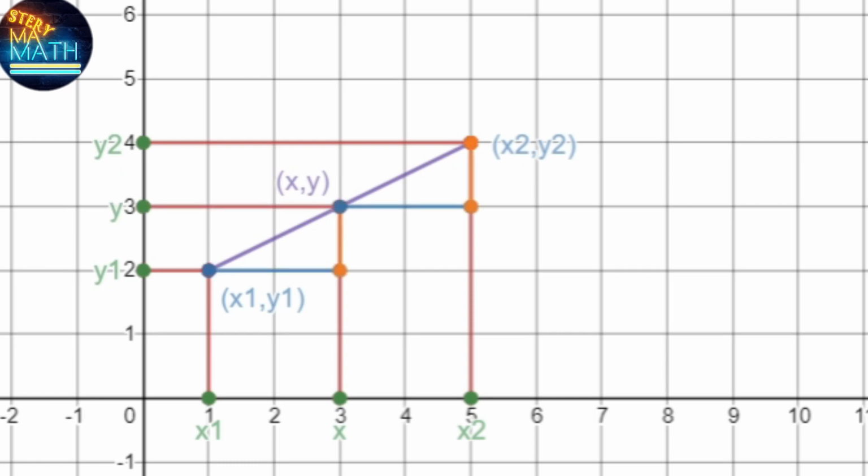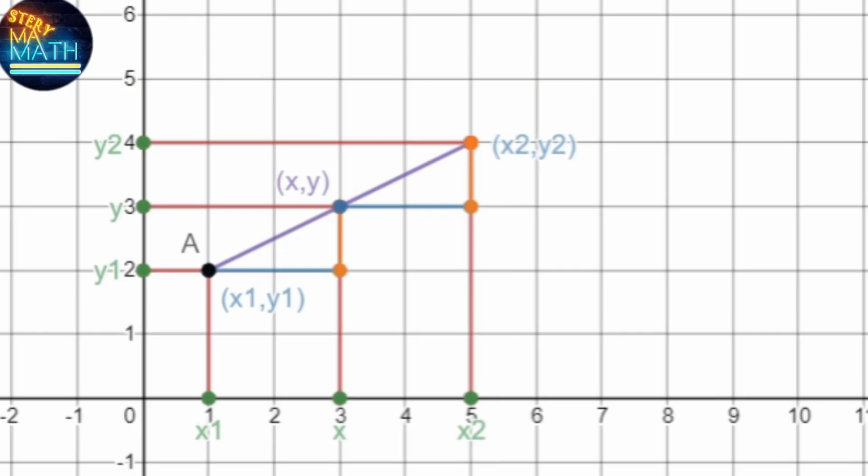And we will draw lines parallel to the x-axis, and at the same time we will draw lines parallel to the y-axis to form two triangles, as you see here. And we can label them to name the triangles.